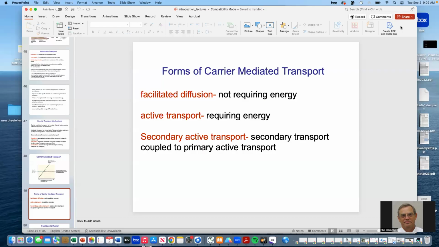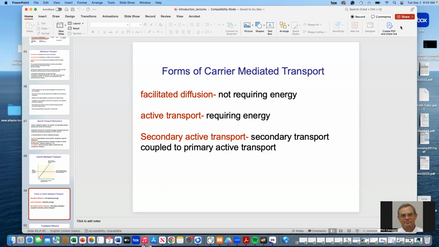The only thing that drives facilitated diffusion, beyond obviously saturation, is the concentration difference. As I increase the concentration difference, I'm going to increase transport until I reach saturation, of course, right? So it doesn't require energy. It requires no energy input. There is a concentration difference, and it's going down the concentration gradient.